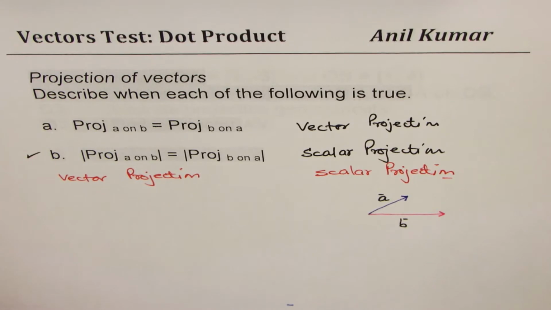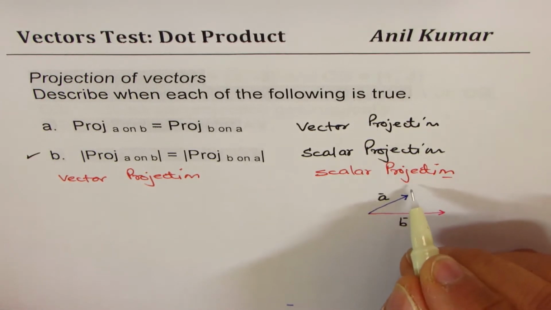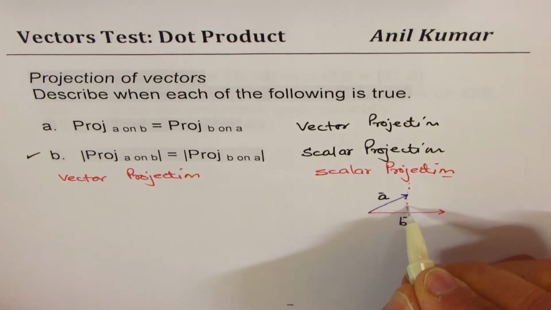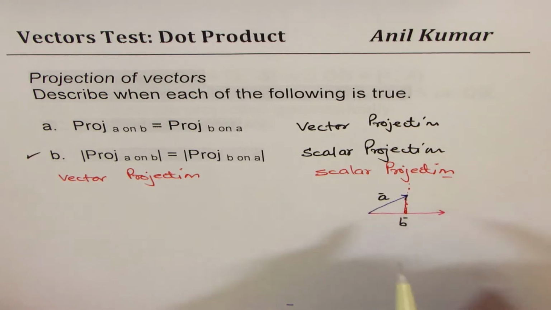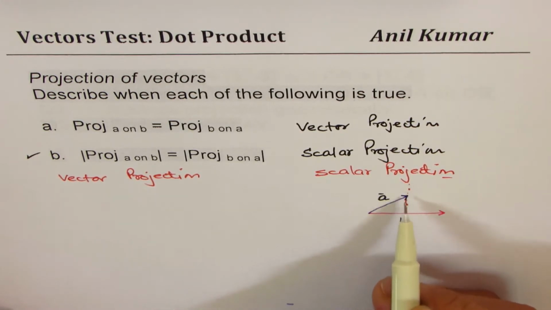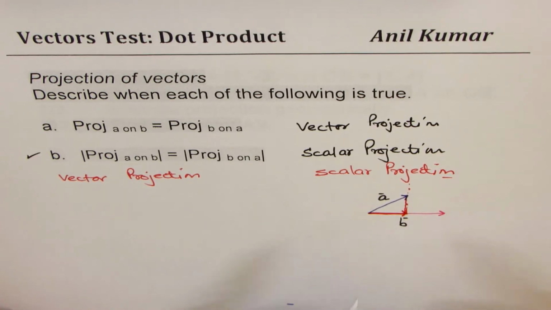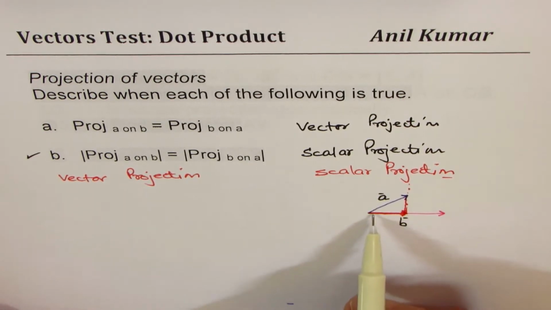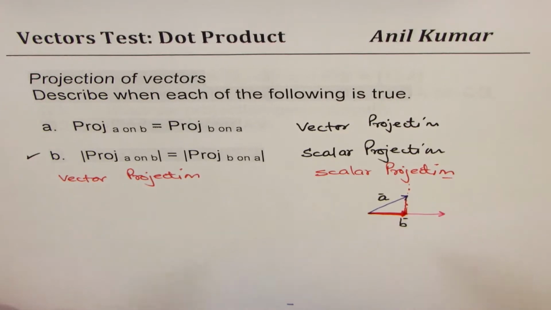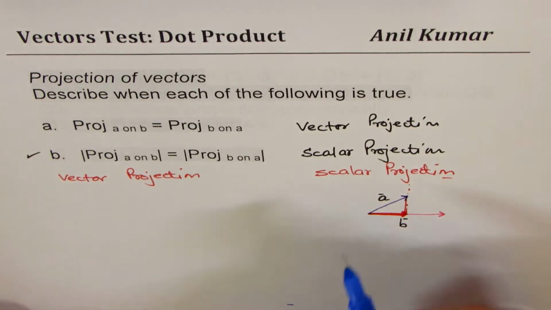Projection of A on B basically means like this. Just drop a perpendicular here. You can say there's a sun here, the shadow falls here, and that is the projection. This much, right? Without direction. So we just say this length is the projection of A on B, right?